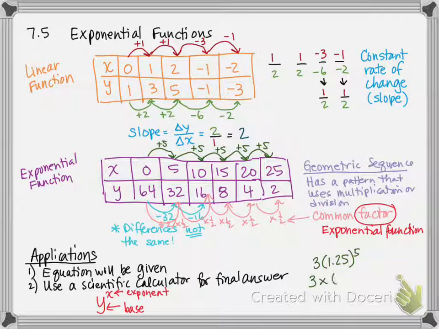The 1.25 is going to be the y value, the base value, and the 5, we'll give them a different color, that's going to be the x part. I'll demonstrate this with my calculator in class, and you'll see that.